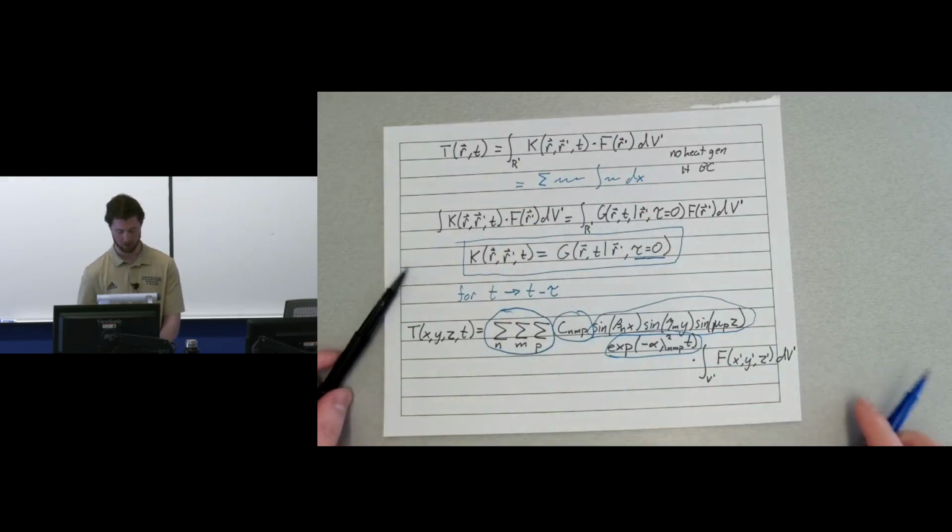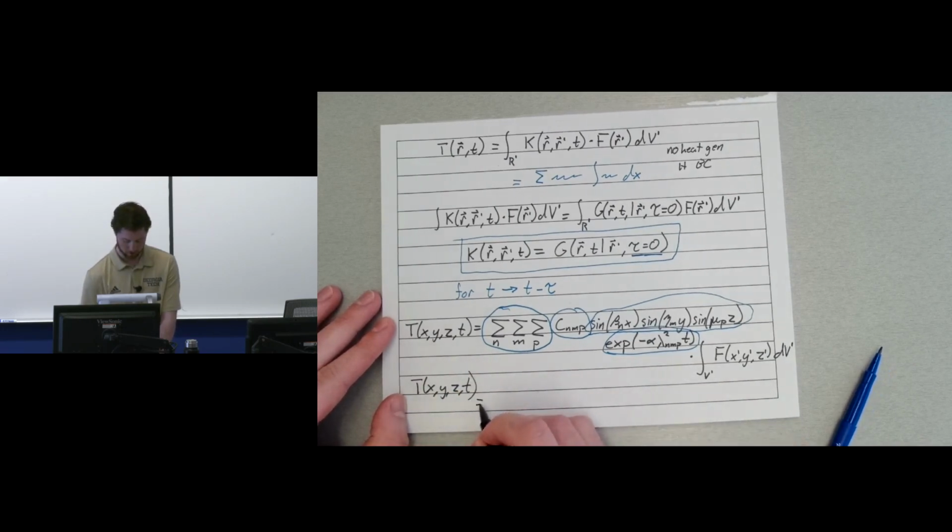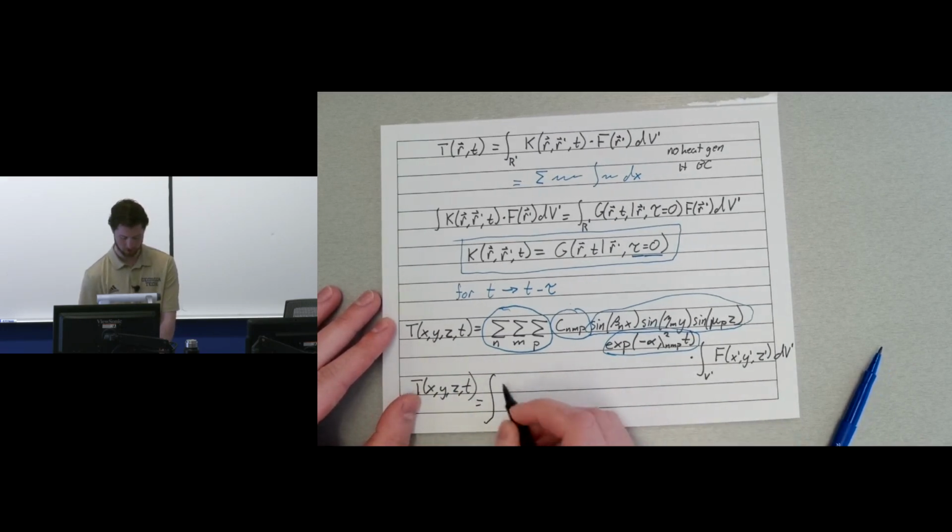Right. So we rewrite this. We can say T of our x, y, z, and t. Let's bring this integral out, right? It's going to be our integral. I'm going to skip writing every little detail out because you have the function above.